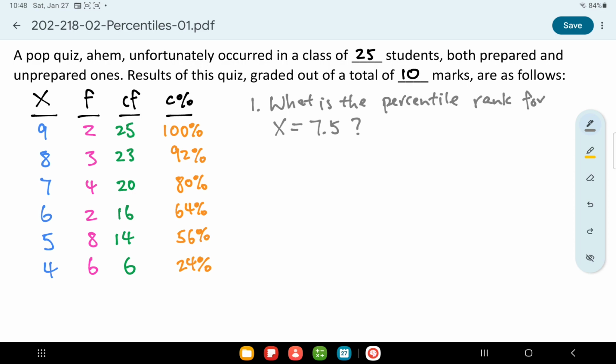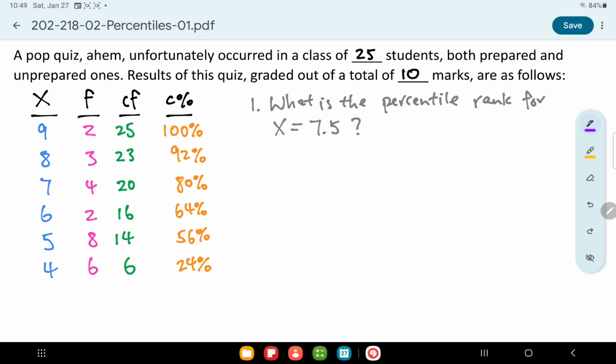that when dealing with cumulative frequencies and cumulative percentages, we do need to take into full consideration upper limits and lower limits. What we're trying to get at is this.